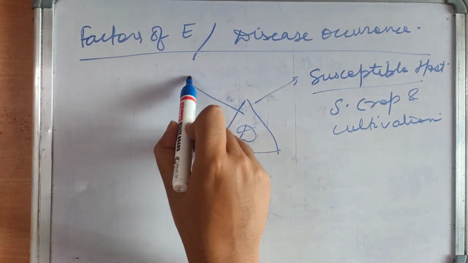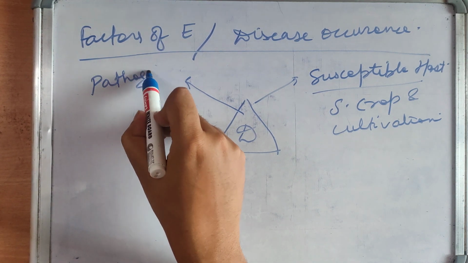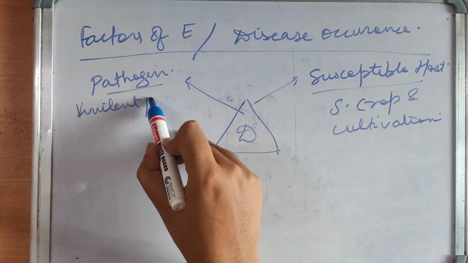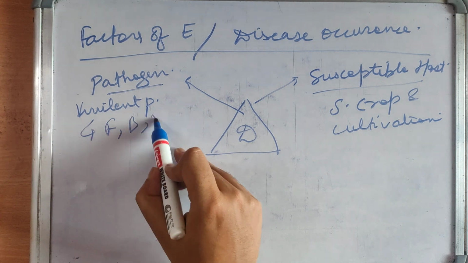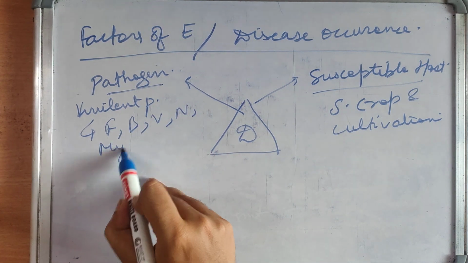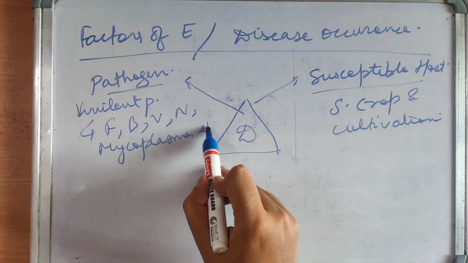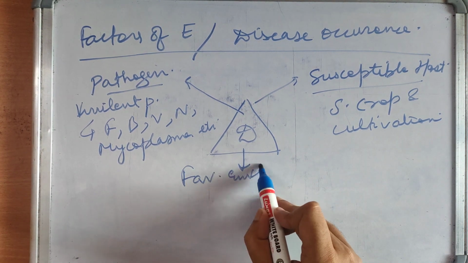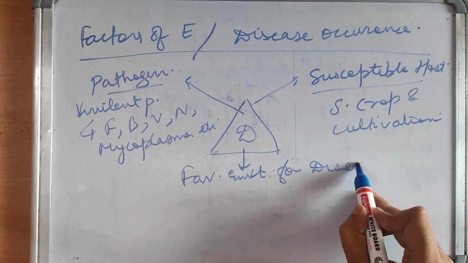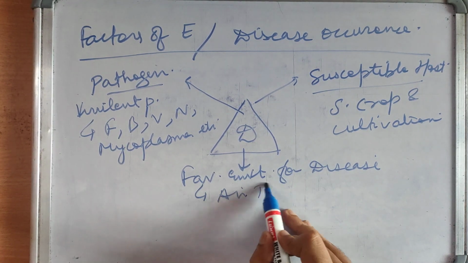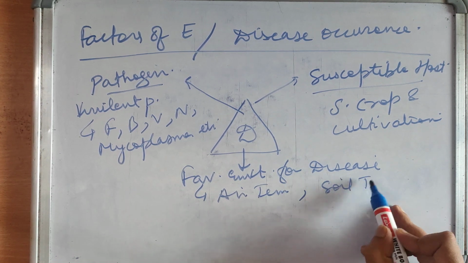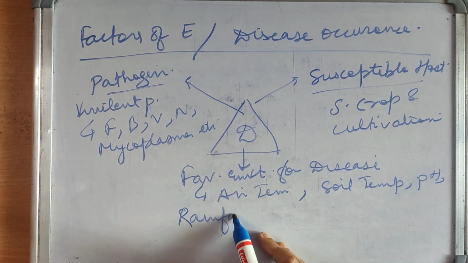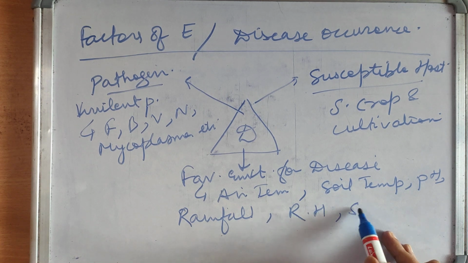Another factor is related to the pathogen, that is a virulent pathogen: presence of virulent pathogens such as fungi, bacteria, virus, nematodes, mycoplasma, etc. The next factor is a favorable environment for disease, such as favorable air temperature, favorable soil temperature, favorable pH, favorable rainfall or precipitation, favorable relative humidity, favorable soil moisture.